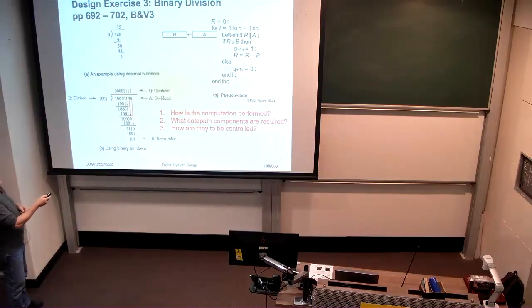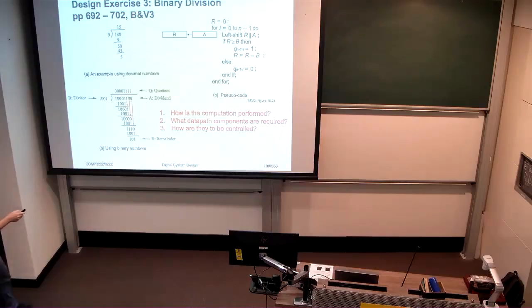So when R is greater than or equal to the divisor B, then we can do the subtraction, update the remainder that's in here, and add a 1 into the quotient. So this is the n minus 1 minus ith bit of the quotient that has to get a 1 in there.